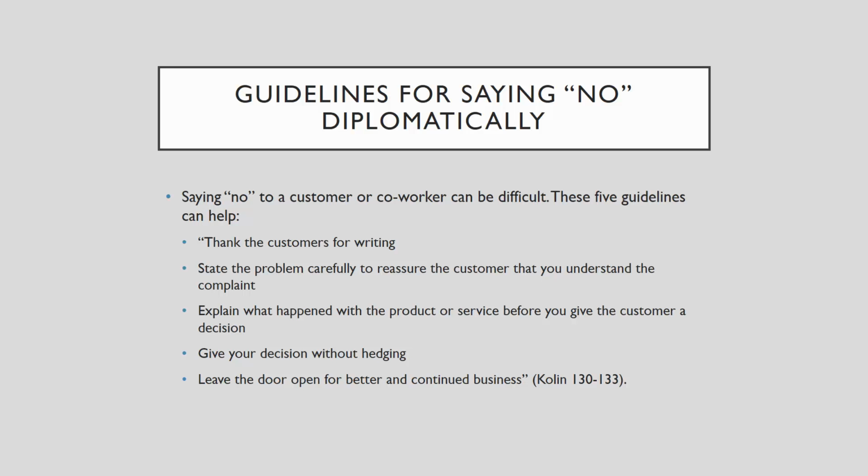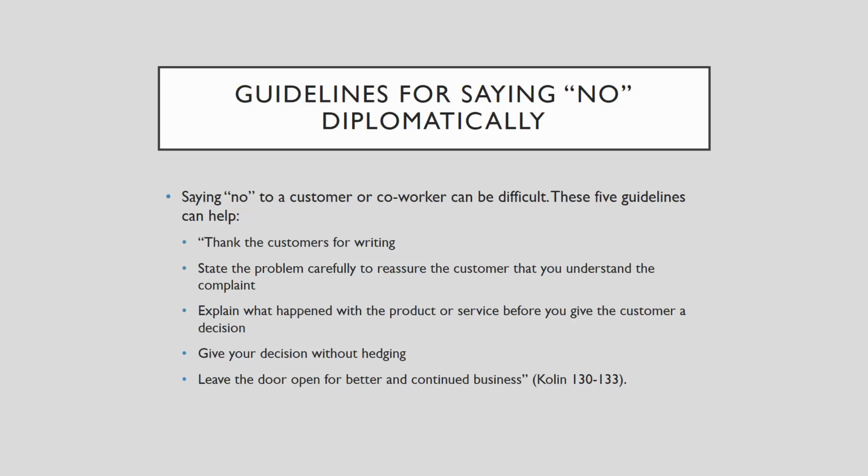Remember, letters can be official legal documents. Okay, and it's very possible that someone could take an apology from you, especially on behalf of a company, as an admission of guilt. If your company is not at fault, then you are not required to apologize.